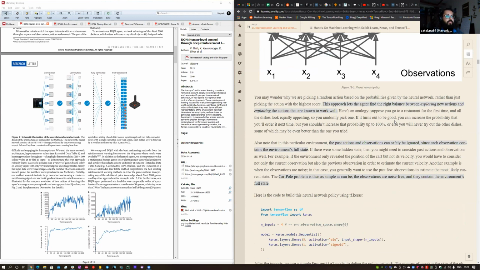Why is this being done based on the probabilistic approach given by the neural network? Because it helps the agent in finding the right balance between exploration versus exploitation, which is a common problem in RL.